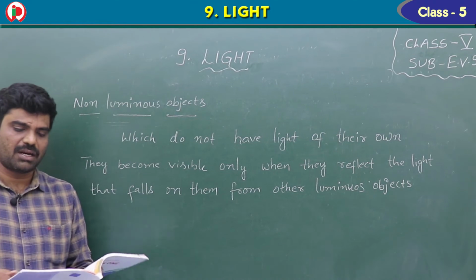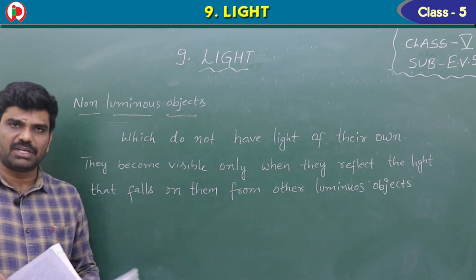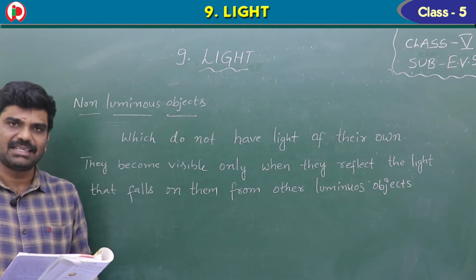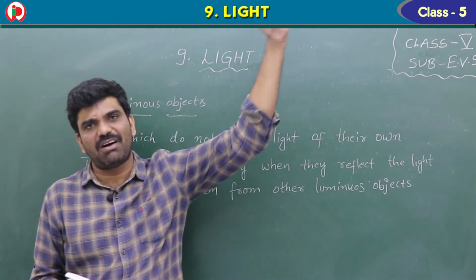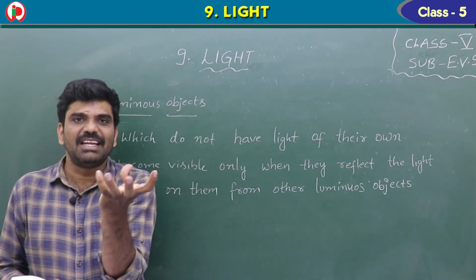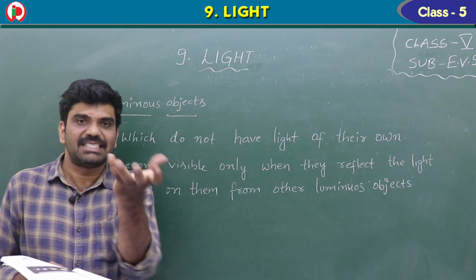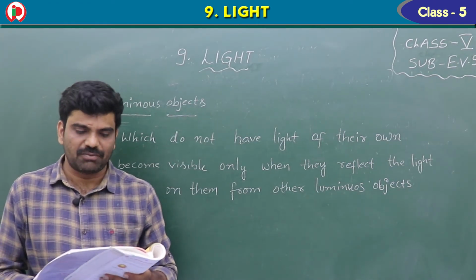Those are non-luminous objects. Earth is a non-luminous object which is illuminated by the light from the sun. Whenever sun rays fall on the earth, it is illuminated. Illuminate means we can see the earth. That is why it is an illuminated object.